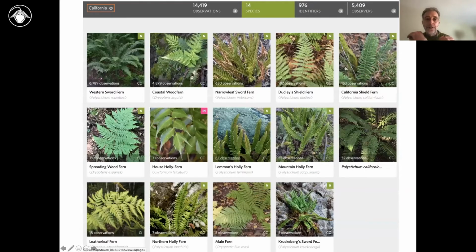Here's an example of the Dryopteridaceae that you can find in California, again, taken from iNaturalist. The iconic Western sword fern is very common and very frequently observed. Here's the coastal wood fern, also super common. Then we get a couple of other species that you can find. Here's one other Dryopteris. This is a weed, an introduced species that spreads a little bit.